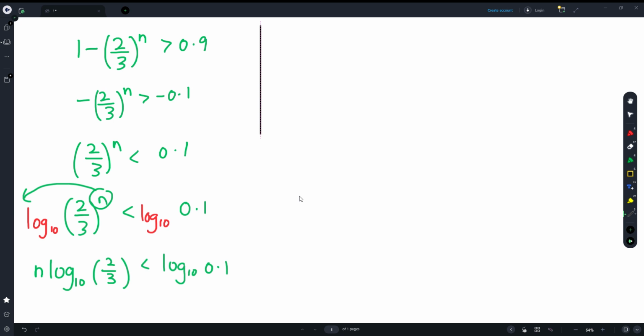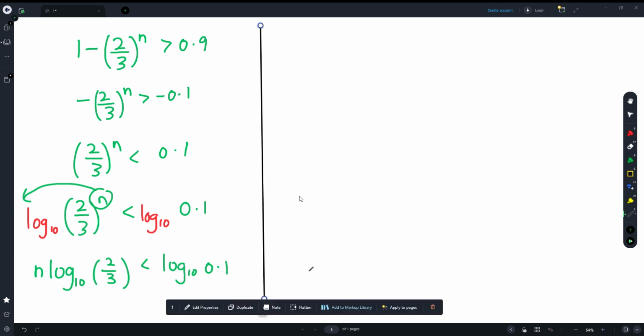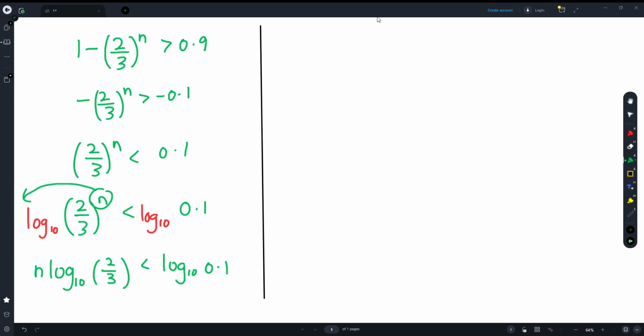Let me continue on the right hand side. As I continue, my n will be greater than log base 10 of 0.1 divided by log base 10 of 2 over 3. You might notice I have changed the inequality again.